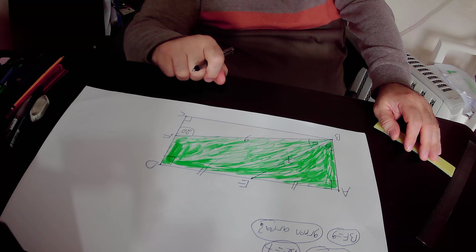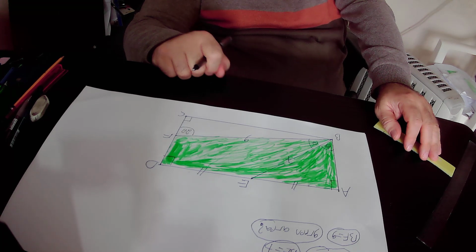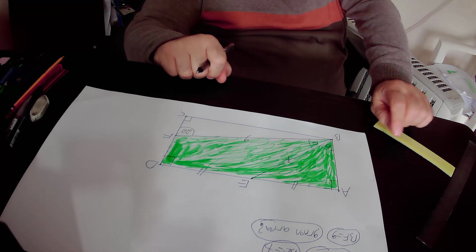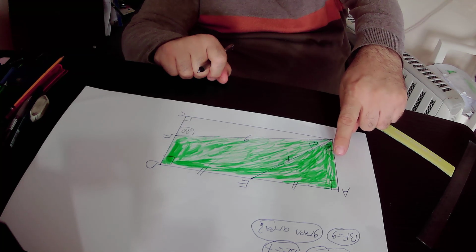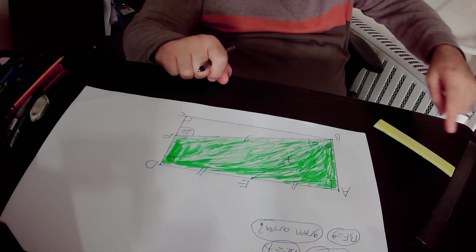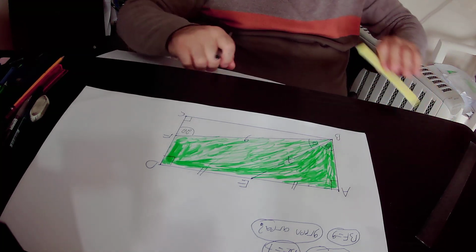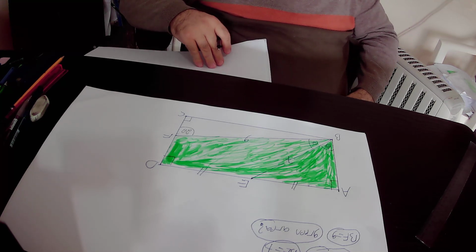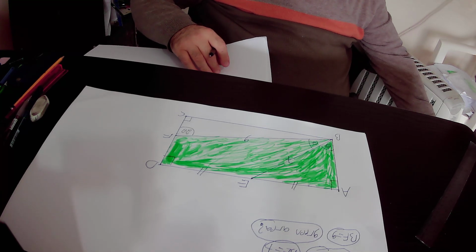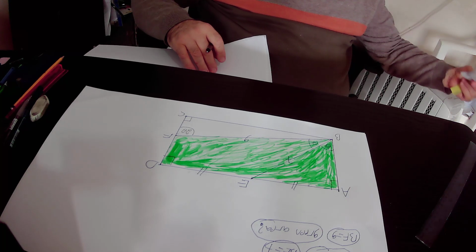So we will focus on the right green triangle, triangle ABE. I will draw it again.